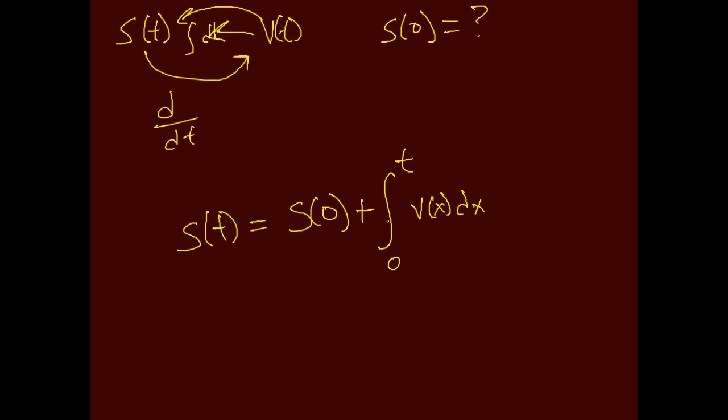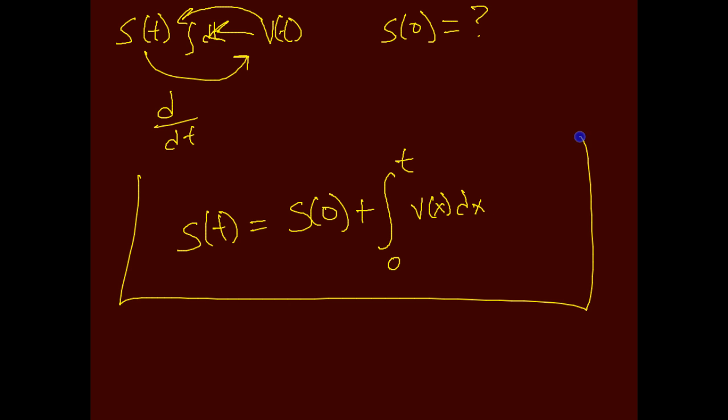Well, keep in mind, basically what this is saying is we're taking the antiderivative here, going from 0 to t, and we just want to change our variables. We can't have the same variable of integration as we do as the variable in our bounds. So this x is just a dummy variable that we're going to use in terms of our integration. So this is to find any position function, okay?